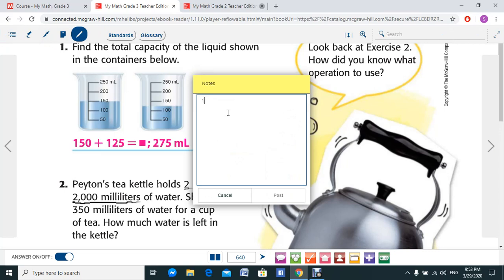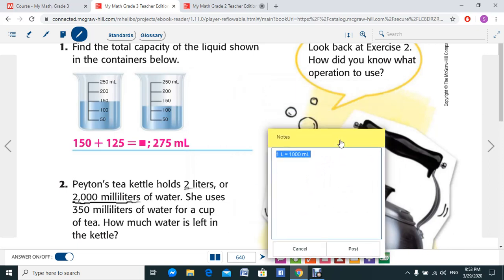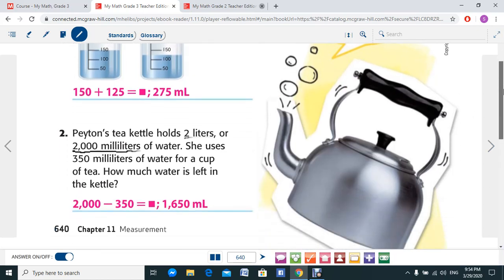So 1 liter equals 1000 milliliters. Keep this in your minds. Write it in your book. Okay, can you see it? Yes, write it here beside question 2, which is each 1 liter equals 1000 milliliters. Okay, write it in your book.